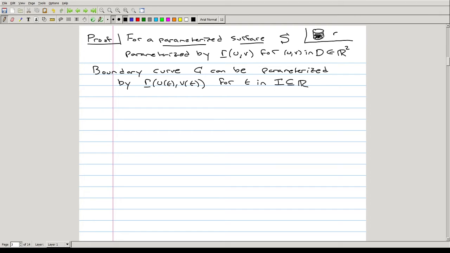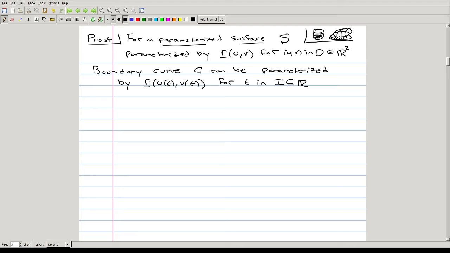Or you could consider a surface that looks like this, with a piece of the surface right here and another piece right here.